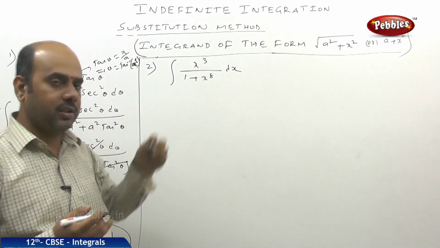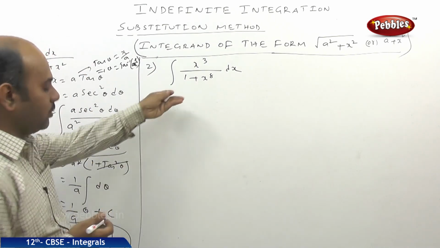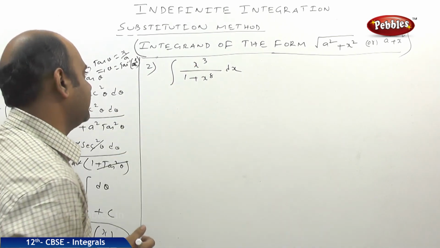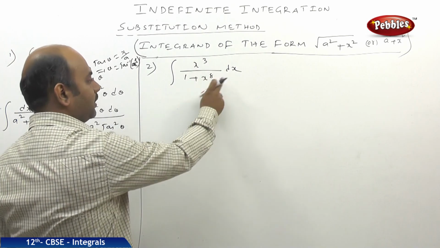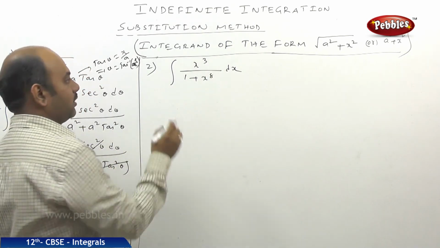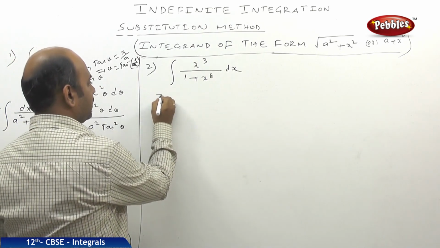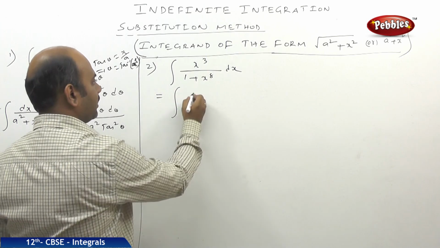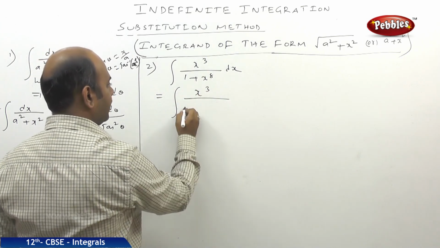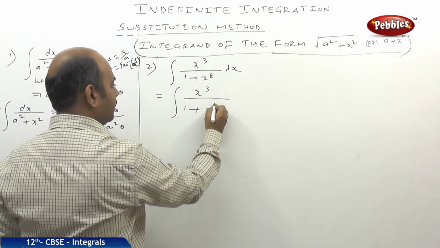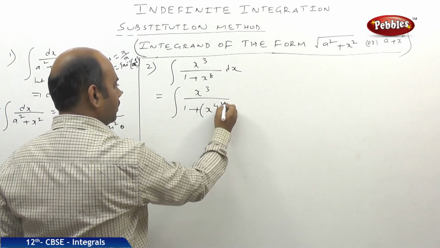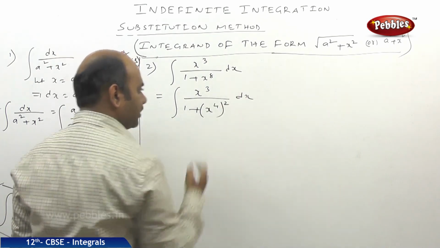Now we shall be going for another pattern, under the same category, another problem. Integral of x cube by 1 plus x power 8 dx. So what happens, this I will write as x cube by 1 plus x power 4 whole square dx.